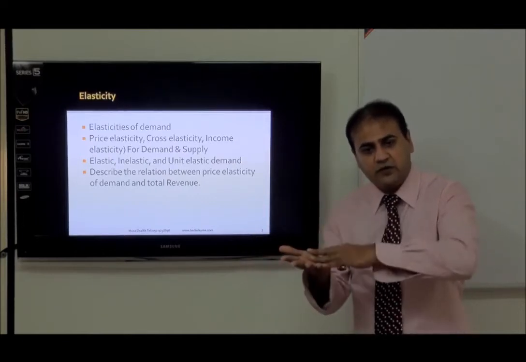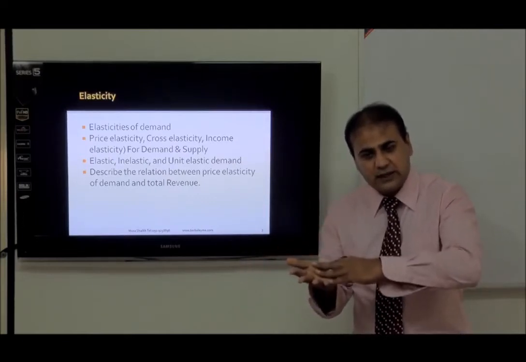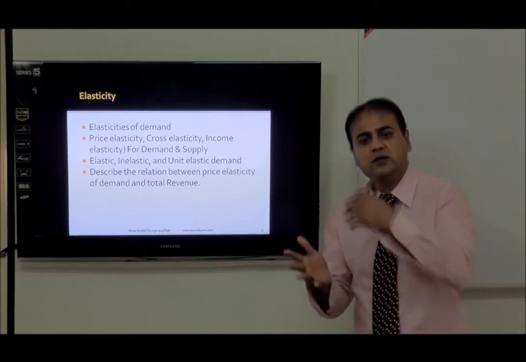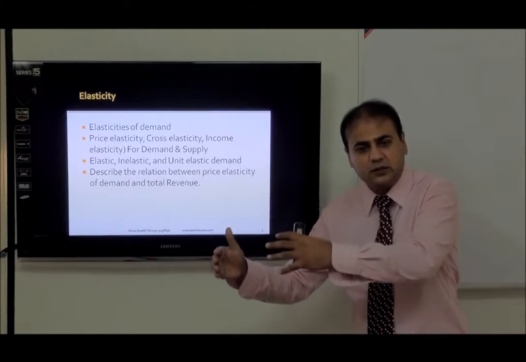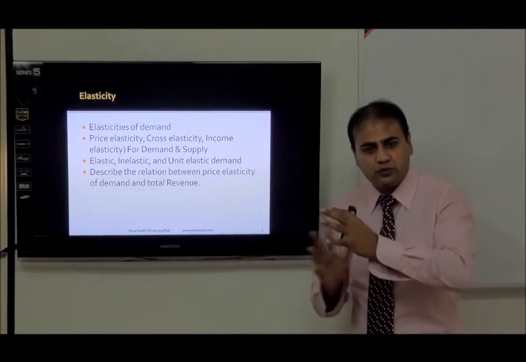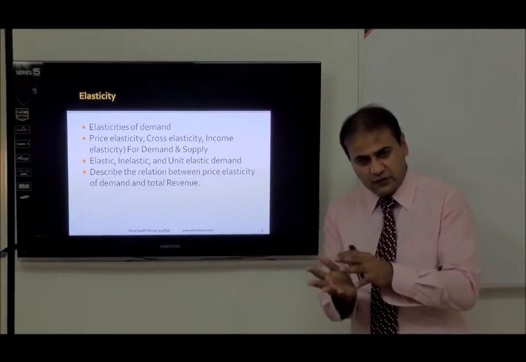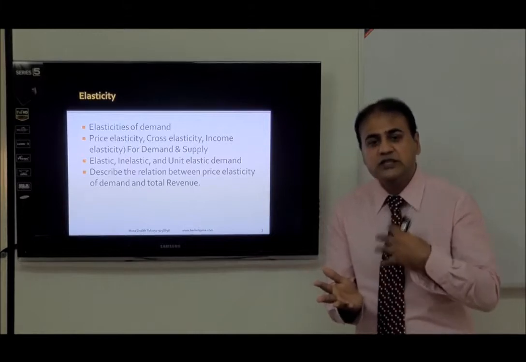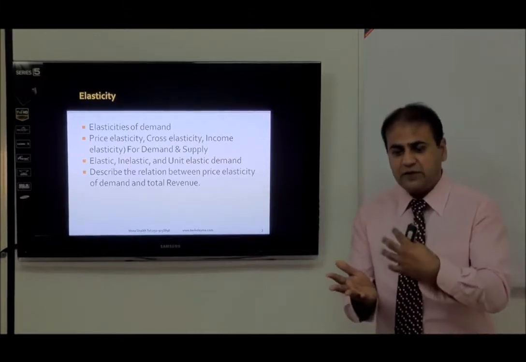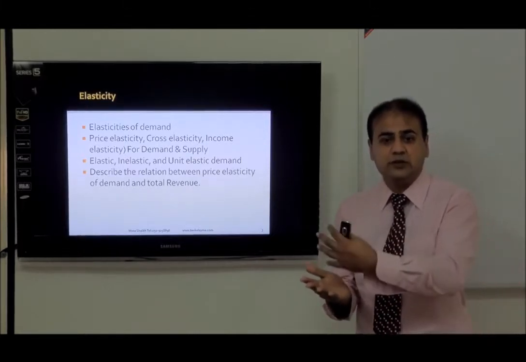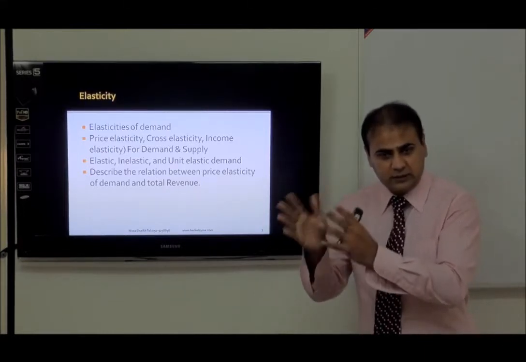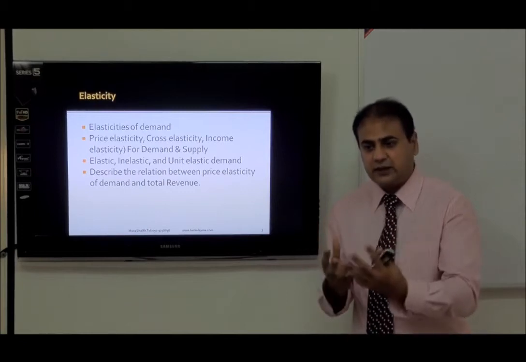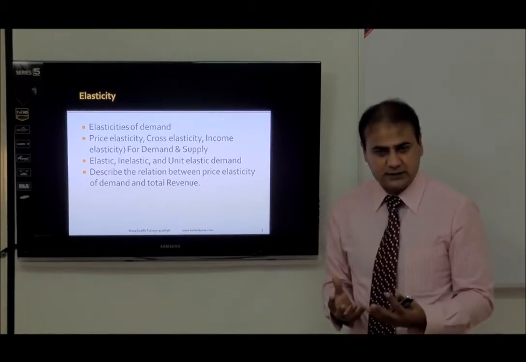In the same way, cross elasticity is the elasticity of one good in comparison with another good. If we compare two goods, responsiveness means we want to see the change. Some factor, be it price or income, is going to change the demand. This is the purpose of seeing the elasticity.